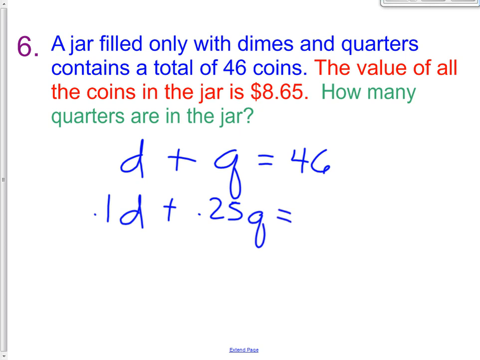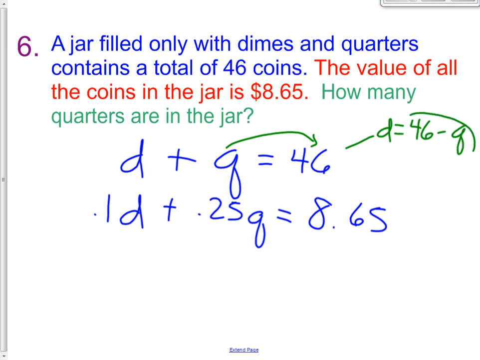When we add up all of those coins, we get $8.65. How many quarters are there in the jar? So we want to solve for quarters. So I'm going to get Q over here by subtracting it. So now this equation becomes dimes equals 46 minus quarters.